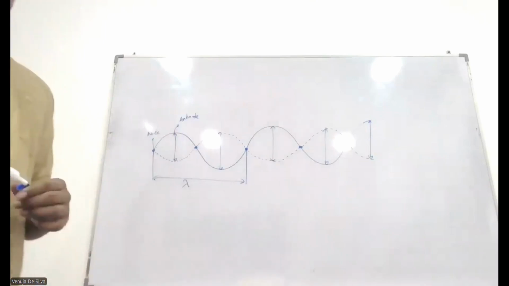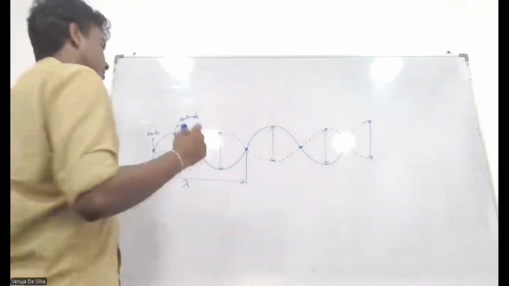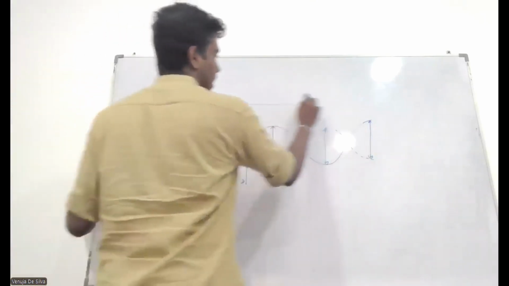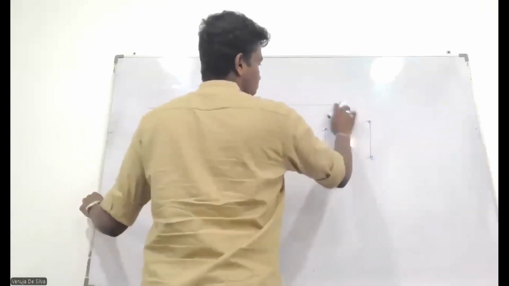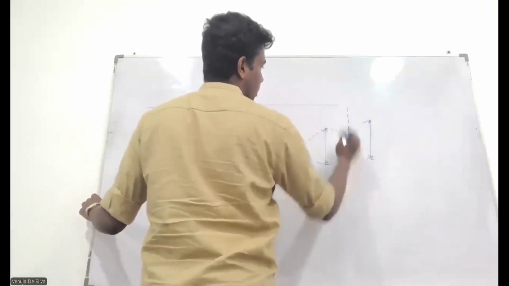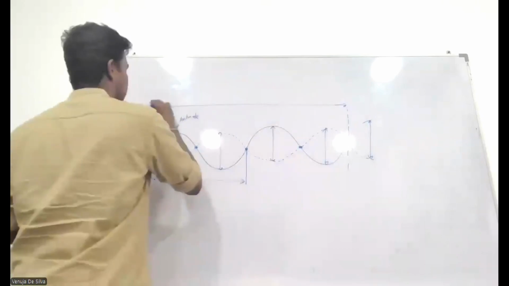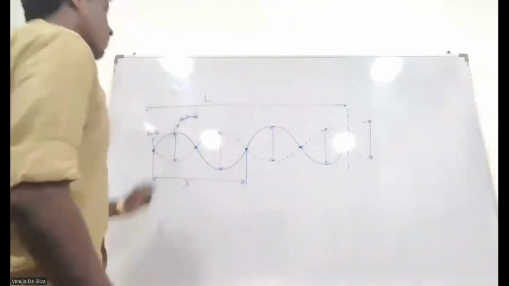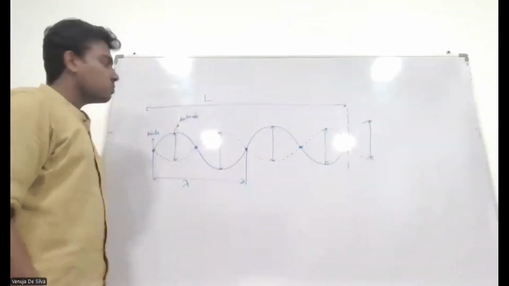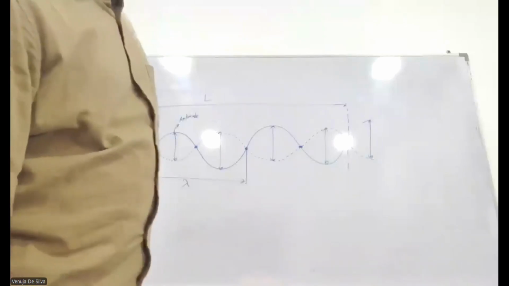Okay, so let's say the total length of this string up to here is L. So tell me what is L in terms of lambda. If you understood this, you can tell that.